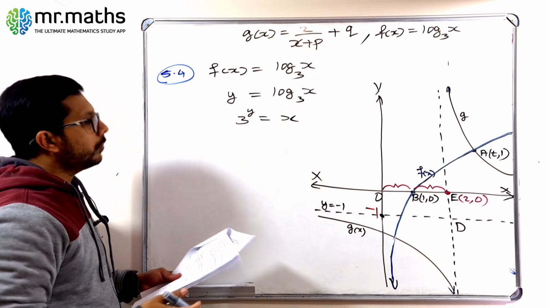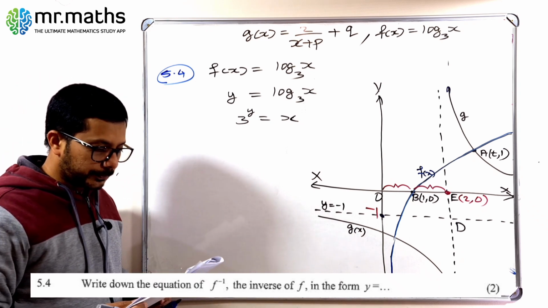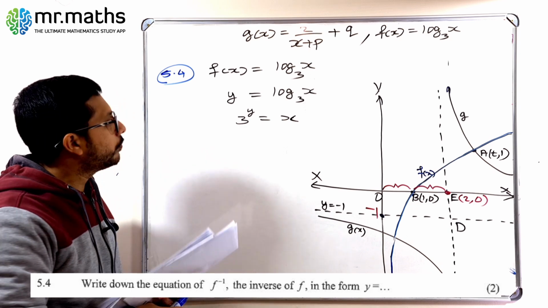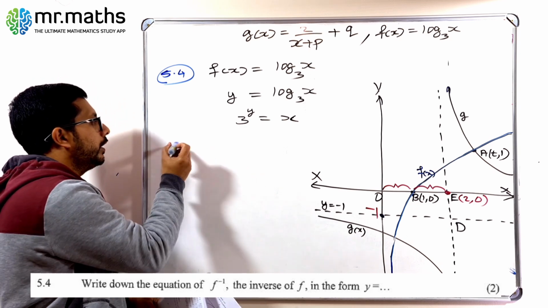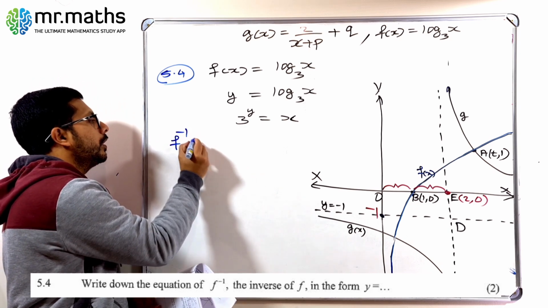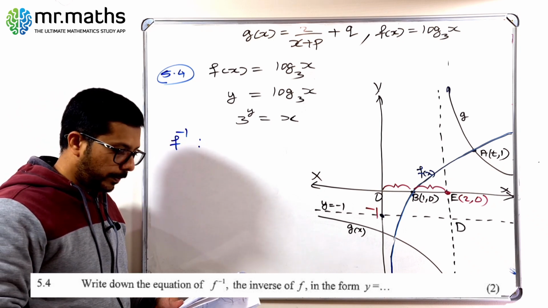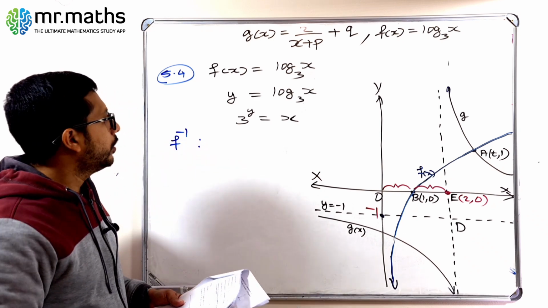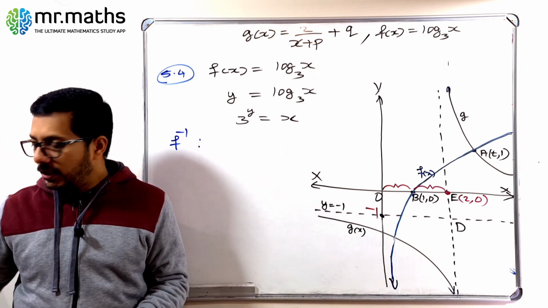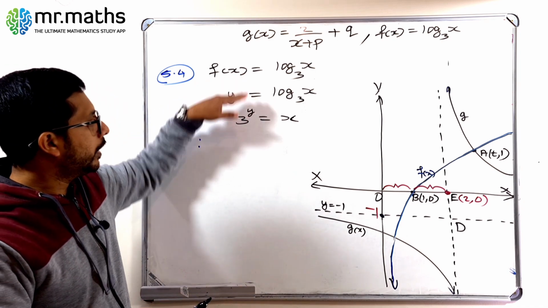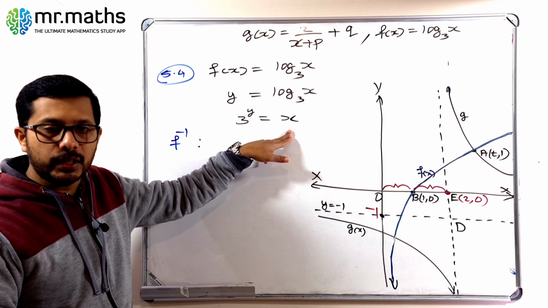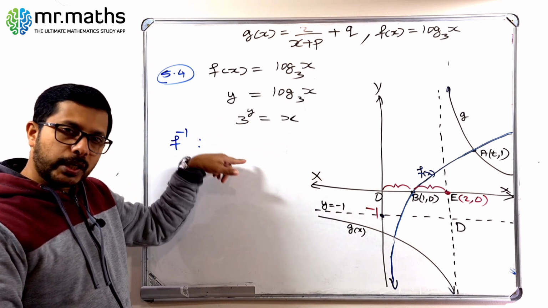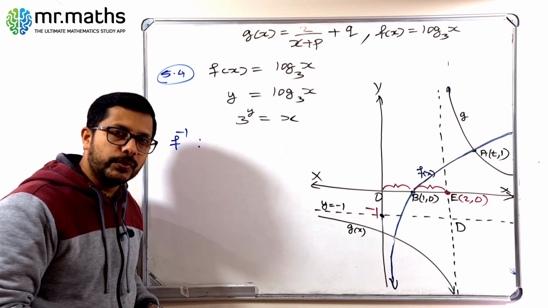Now look at the question once more. Write down the equation of f inverse, the inverse of f, in the form of y is equal to. So how can you write the inverse of this one? This logarithmic graph, we wrote it like exponents. Now this is actually the f of x graph, so we have to write the inverse. How can you write the inverse graph?